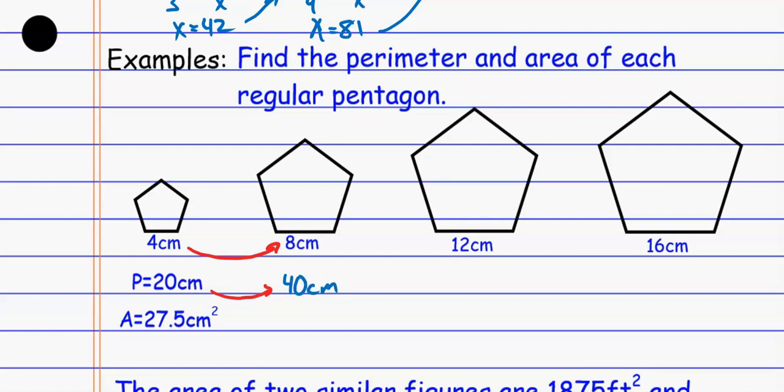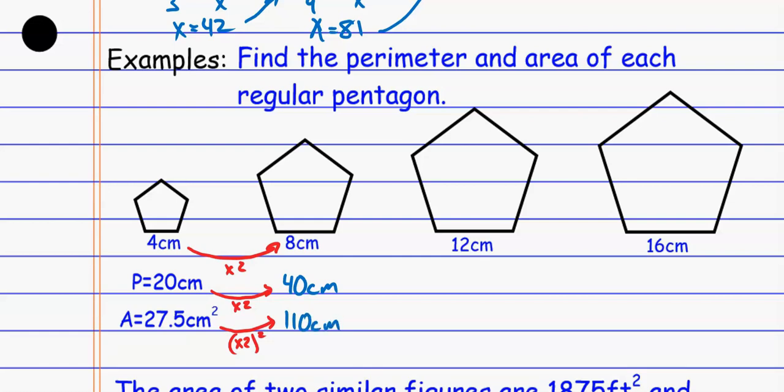Okay? But now the relationship for the area, instead of times 2, is actually going to be times 4. It's going to be that same relationship, but squared. So here was times 2, here was times 2, but here it's times whatever 2 squared is. Okay? So for that one, we're actually going to multiply by 4.